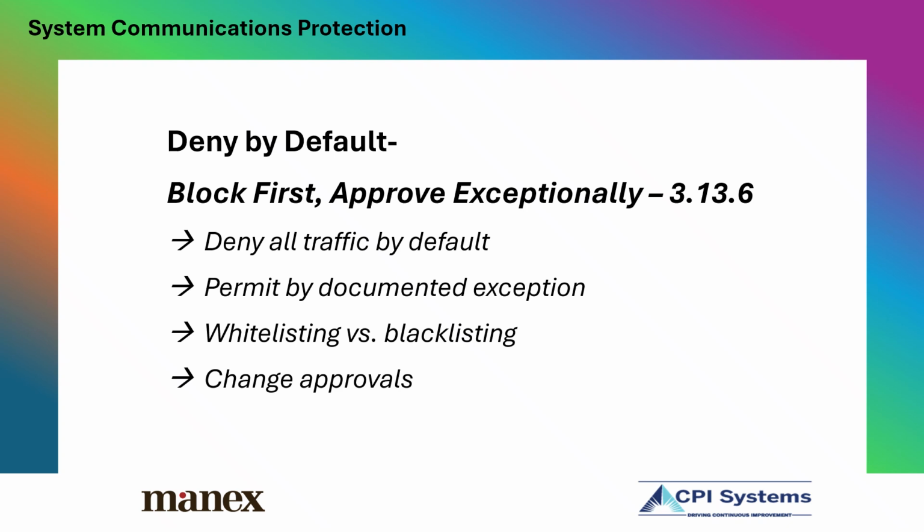In contrast, blacklisting would be to allow all traffic except for those on the blacklist, which would then be denied. This is not nearly as secure as whitelisting. And any exceptions should go through the formal change approval process, and these exceptions may be added to the whitelist after change approval.